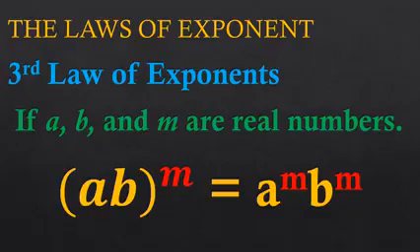So here, we will use distributivity, where we will distribute the power m to each term of the parentheses. That is, we give the power m to a, and we also give the power m to b. Okay, so that is the third law of exponent.